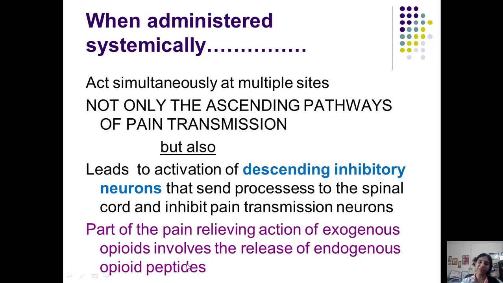And students, if you recollect from my previous session, part of the pain relieving action of the exogenous opioids involves the release of the endogenous opioid peptides, the endorphins, the dynorphins, and the enkephalins, and both the exogenous as well as the endogenous opioids have a synergistic action as far as pain relief is concerned.